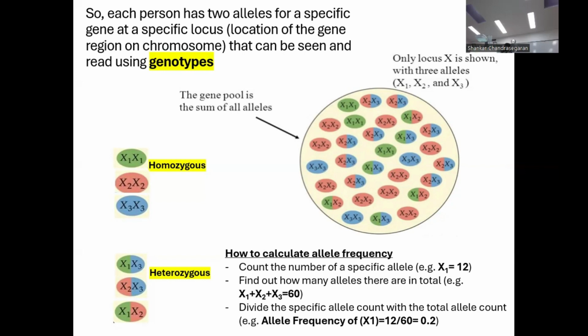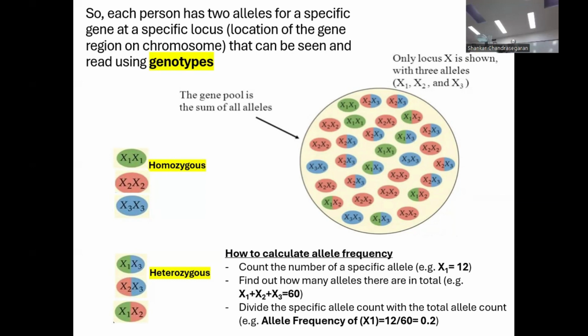Basically, like I said, each of these are alleles. There's an X2 allele and an X3 allele, and there are 3 different alleles that can exist. How do we find out the allele frequency? It's basically very simple maths. We calculate how many X1s there are. Let's say we count all the X1s, and we find out there's 12 X1s in the gene pool.